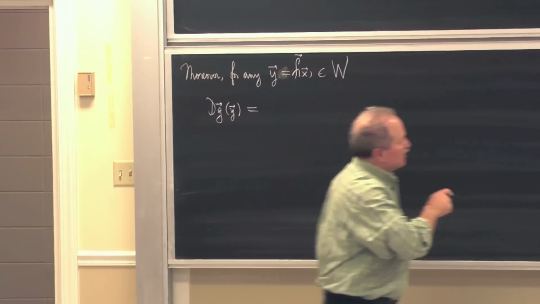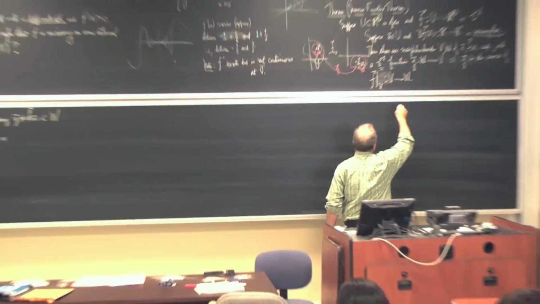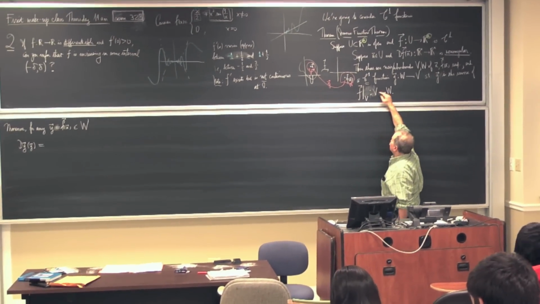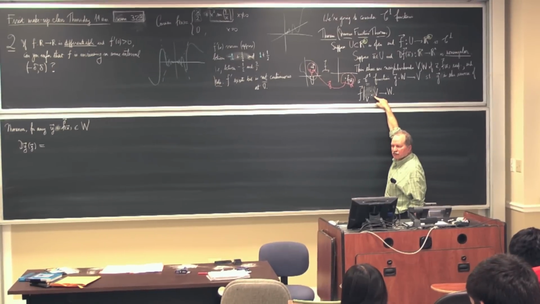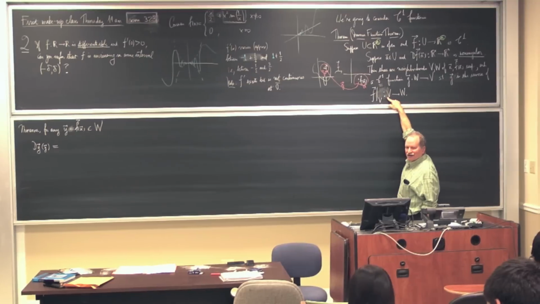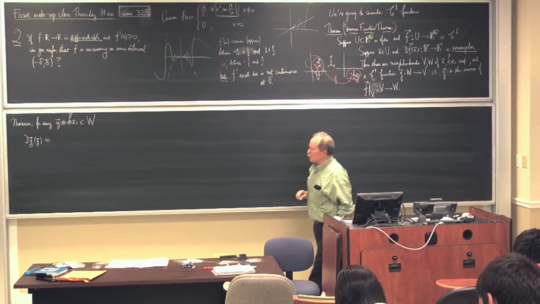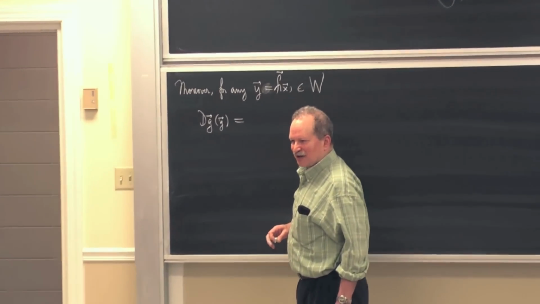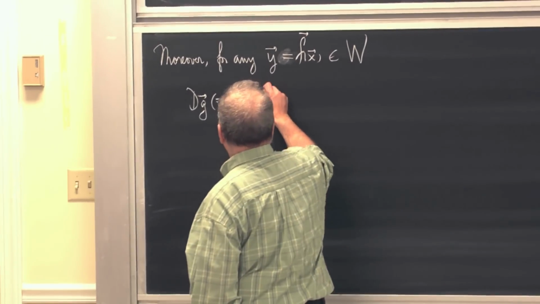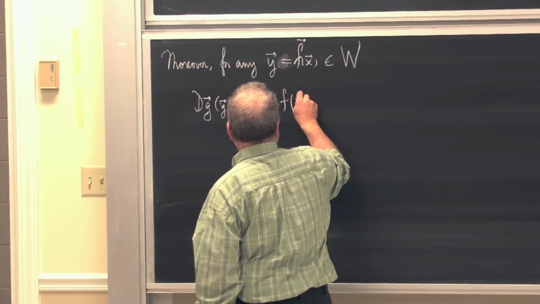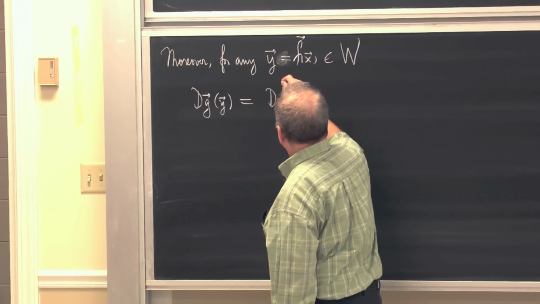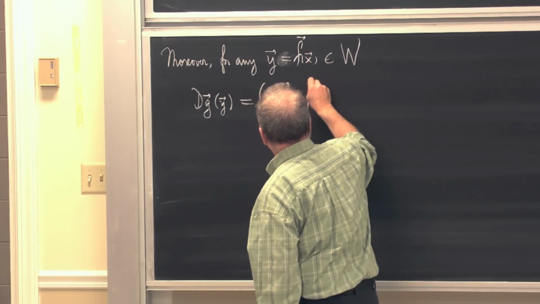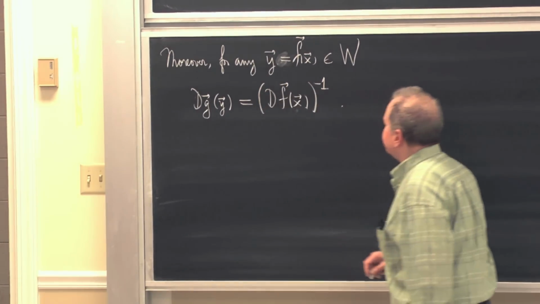So for any point in W, it comes from a unique x. And what do you think the derivative of the inverse function should be? It should be the inverse of the derivative. So you take the derivative of f at the point that maps to y, and you take the inverse of that linear map.